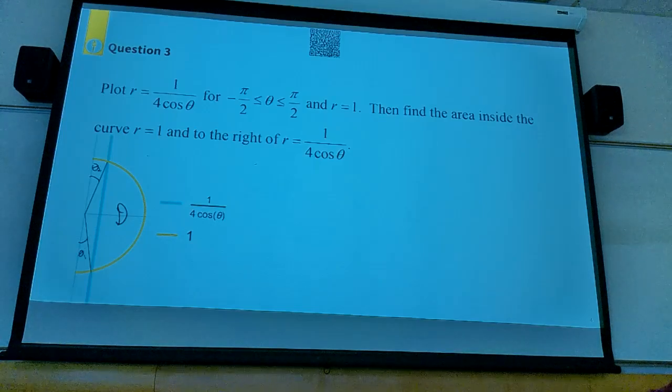We need those two angles. How do we determine them? Oh wait, sorry, those are wrong. I drew them in the wrong place. Measured with respect to horizontal, that's what I want. How do we find them?